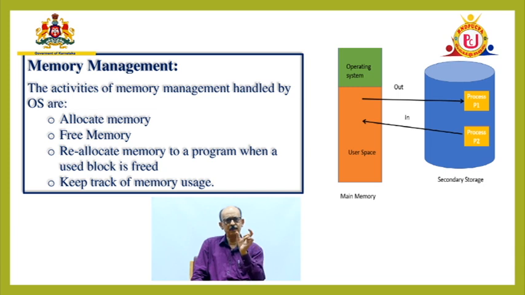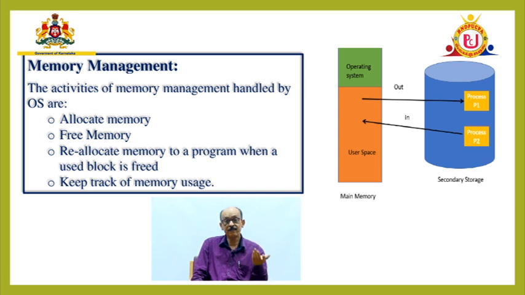So it will allocate some time span for each job, depending on the type of operating system. You will come to that later. So in that time span only, it has to complete the job. If it cannot complete the job within that stipulated time span, then it has to be sent out and then brought back for reallocation of the memory space.